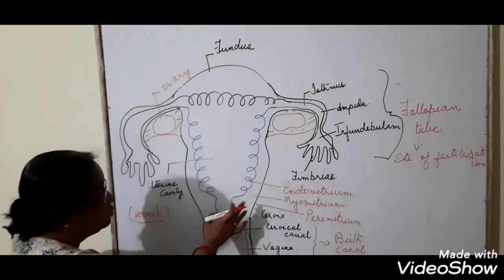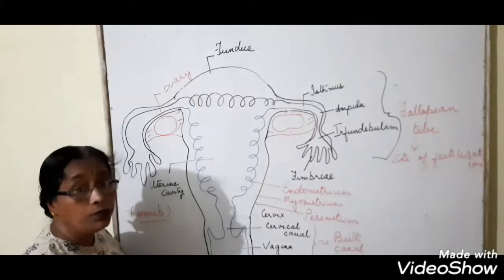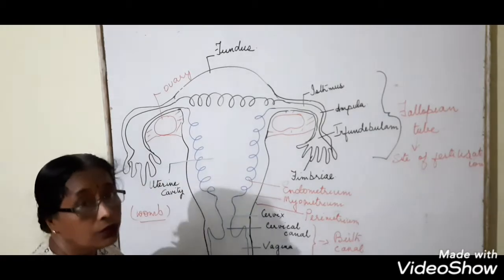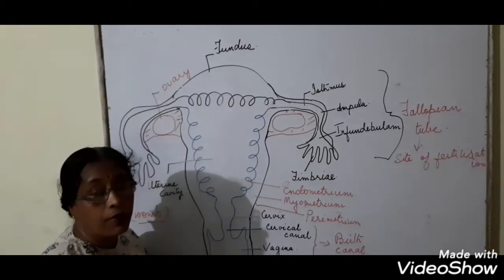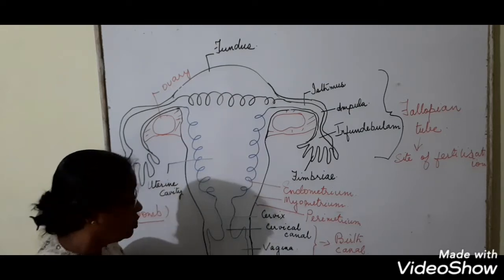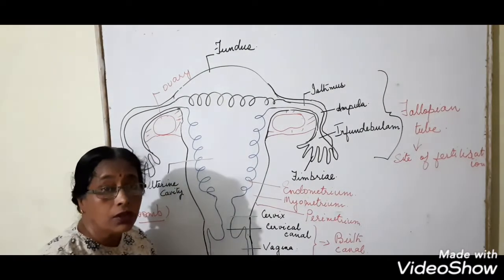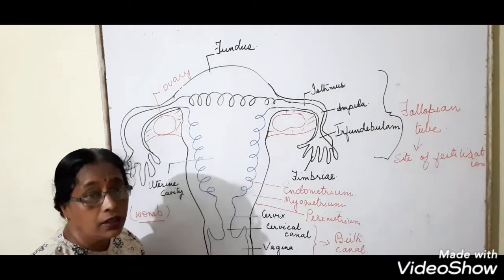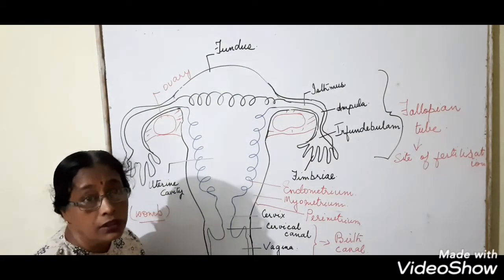The uterus has a lining: the inner part is known as the endometrium, the middle part is the myometrium, and the outermost part is the perimetrium. Then there is the narrow portion known as the cervix. It leads to the cervical canal and the vagina.